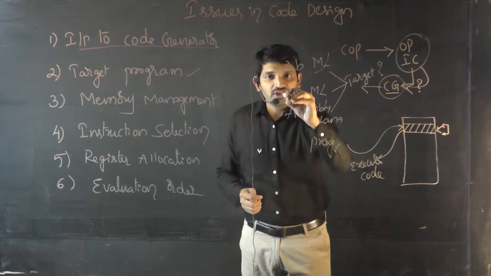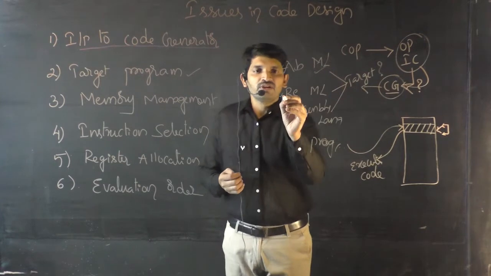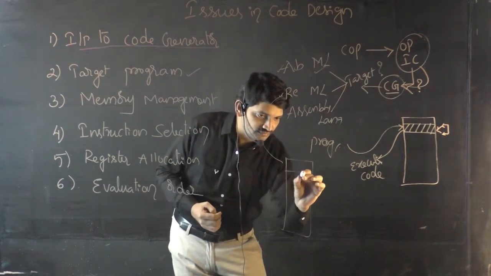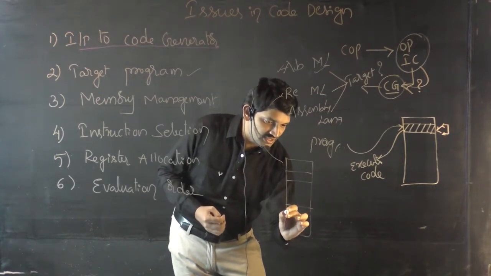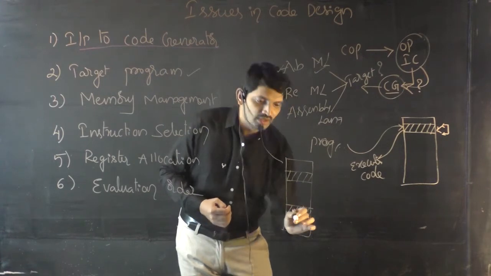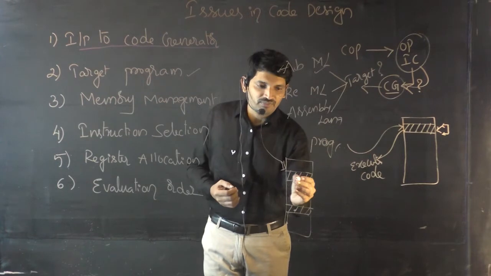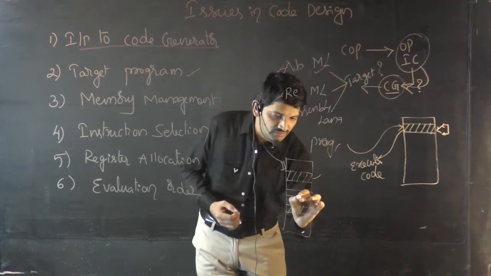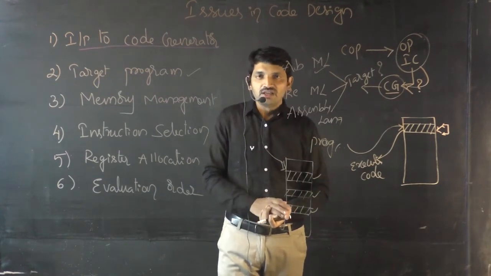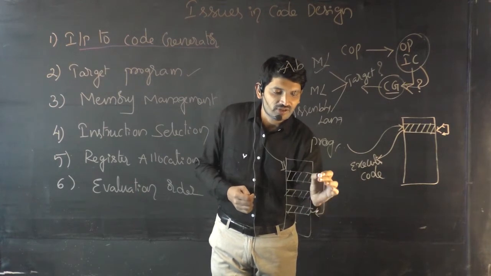Now come to the second one, relocatable machine code. What is relocatable machine code? Here, if this is my memory and the memory is available in various partitions, it allocates memory for my program at this chunk or maybe at this chunk. That means contiguous memory is not there, so it may allocate memory in 3 different locations.